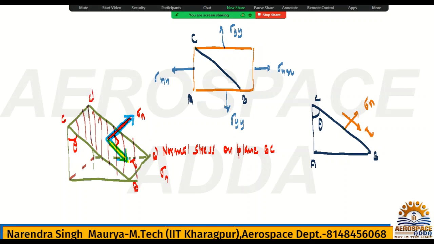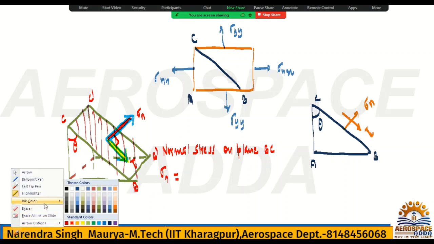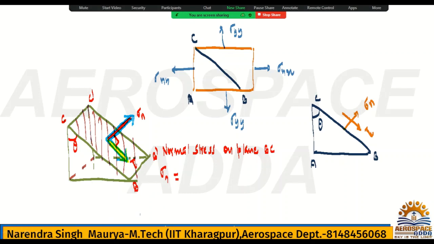Okay. So sigma n will be, and similarly we have shear stress also. Sigma n first I need to write here. So for my simplicity, sigma xx I can write as sigma x. Similarly sigma yy I can write as sigma y.